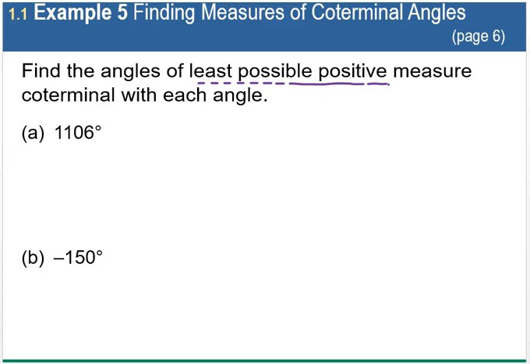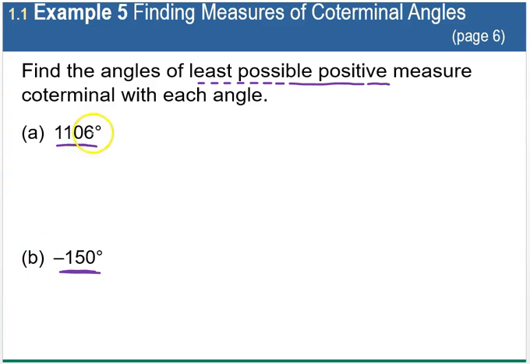Well, that means the angle that we are trying to find that is coterminal to each of these is going to be between 0 and 360. So we are going to either add or subtract 360 as many times as we can to get to an angle measurement that is coterminal to the one we are given, that's between 0 and 360.